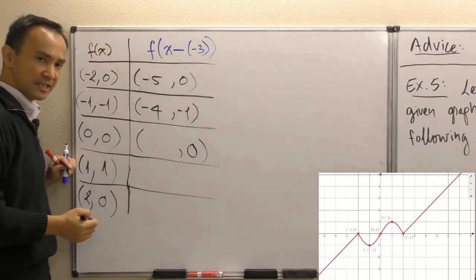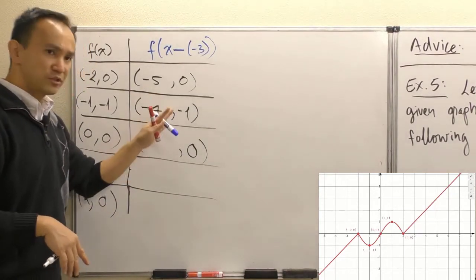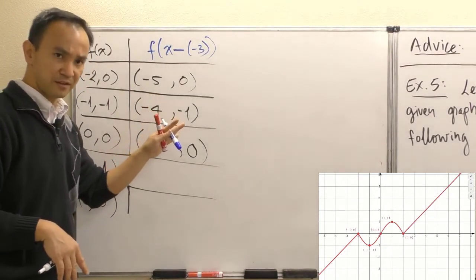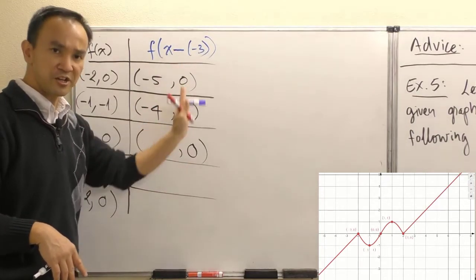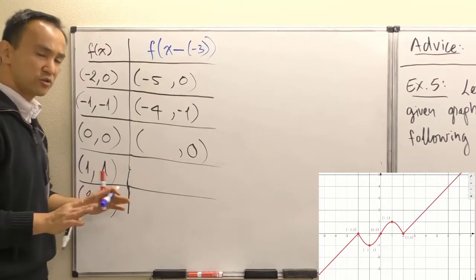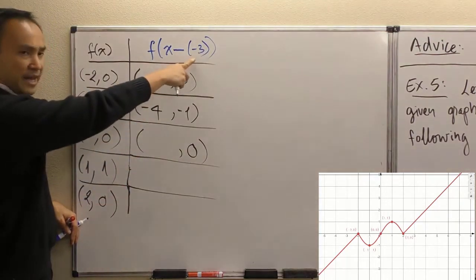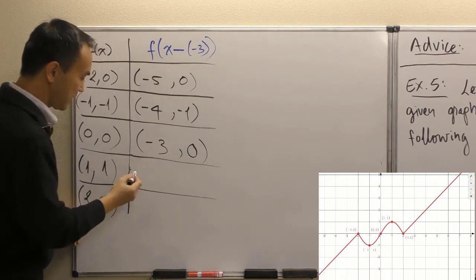Just like that. Quite a few problems we've done so far. When it comes to a horizontal shift, nothing is changed on the y values. The y value stays exactly the same. Now 0 add with negative 3 gives me negative 3.